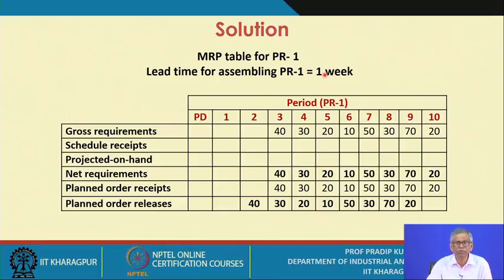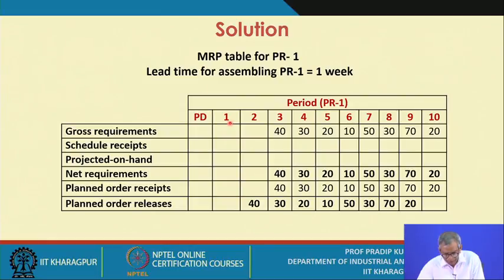Already we have referred to example 3, and you have come across such a table. So, these are the 4 parameters. We have the gross requirements, scheduled receipts, projected on hand, net requirements. Then the planned order receipts and the planned order releases. How many time periods have you considered?